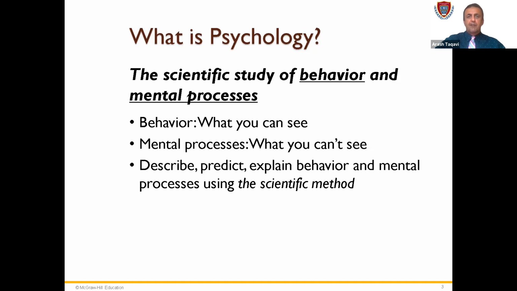Science is gathering information and formulating it in models which are observable and measurable. So observation and measurement are the major components of science. When we are talking about the scientific method, we are talking about observation and measurement.